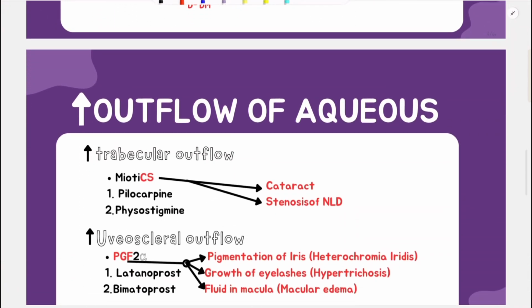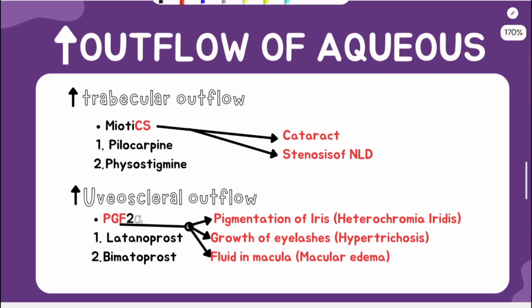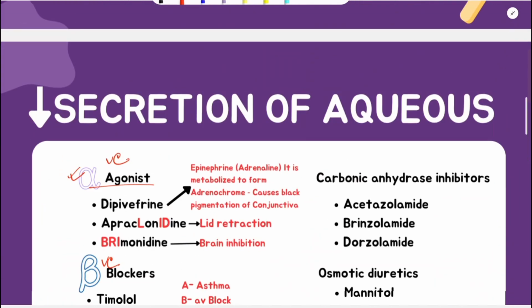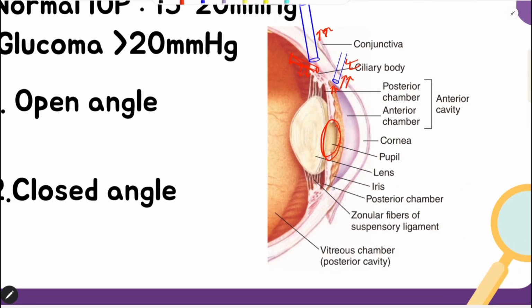The second mechanism we can use is to increase the outflow of aqueous humor. We have two options here. We previously said that we can increase either the trabecular outflow or the uveoscleral outflow. And we also said that if we use a miotic drug, that will help increase drainage through the trabecular outflow.